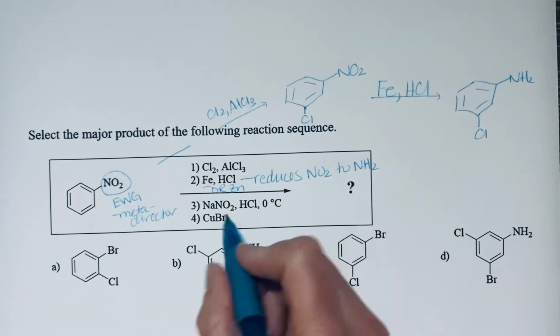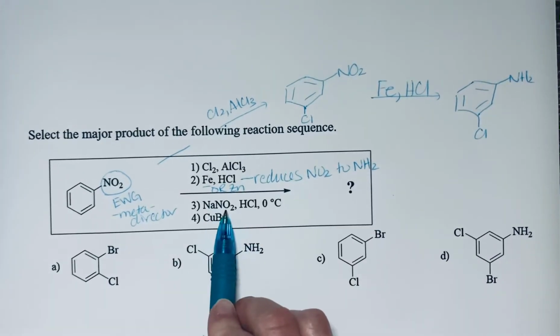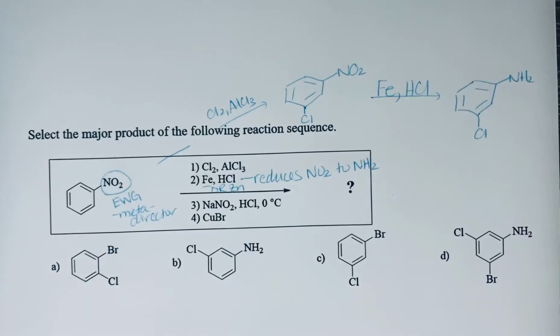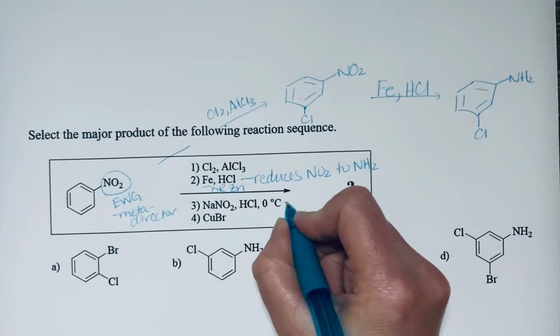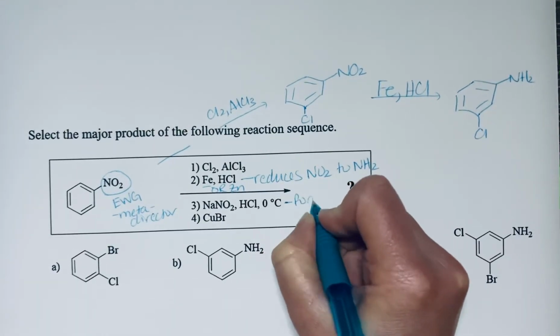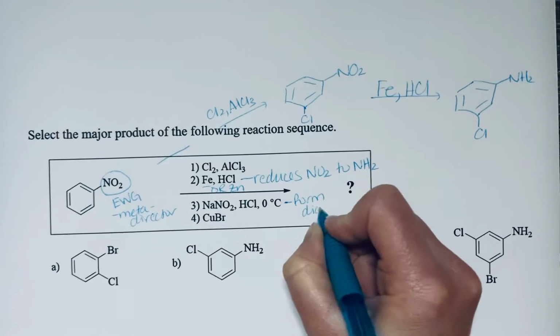Okay, and then the next set of conditions here. So sodium nitrite, hydrochloric acid at 0 degrees Celsius. These are conditions to take an aromatic amine and convert it into a diazonium salt. So this will form the diazonium salt.